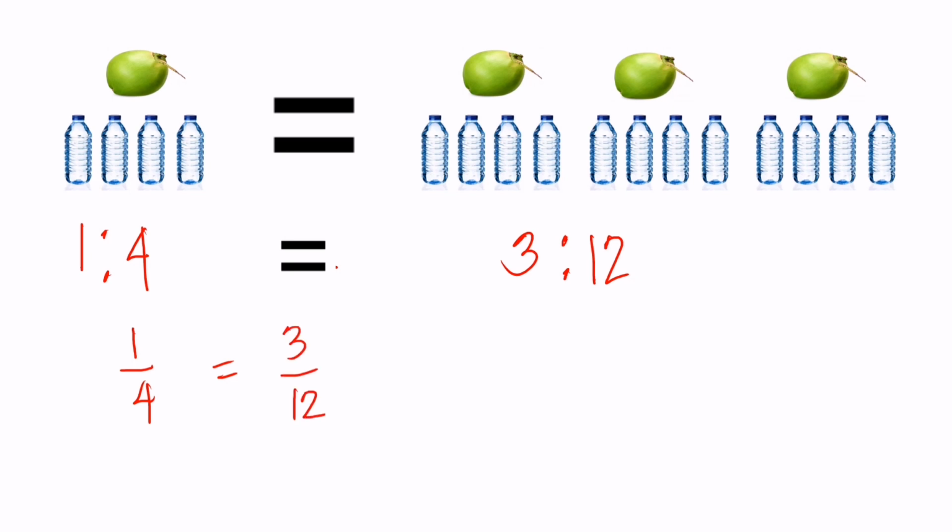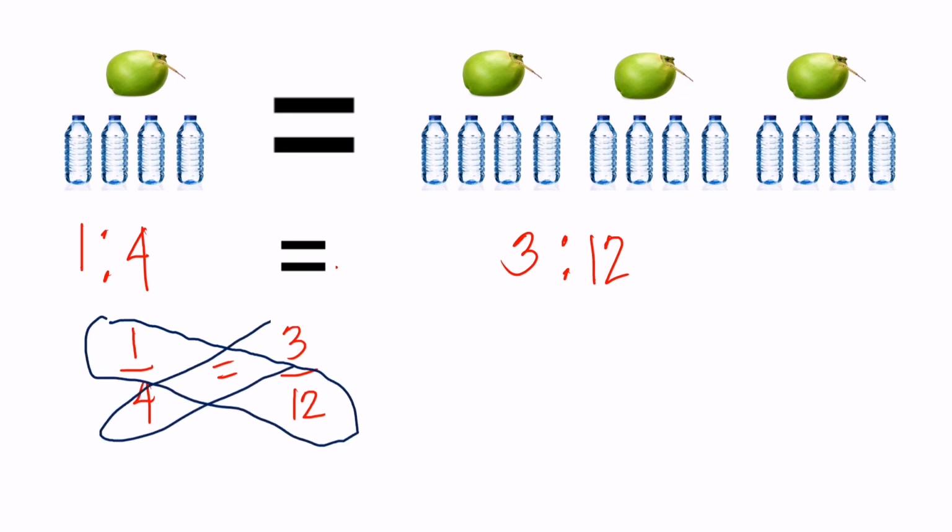So, para malaman natin kung equal ba ang dalawang ratio na to, gagamitan natin ito ng cross multiplication. So, cross multiply lang natin si extreme at si means. So, ibig sabihin, i-multiply natin si 1 and 12, and then si 3 and 4.